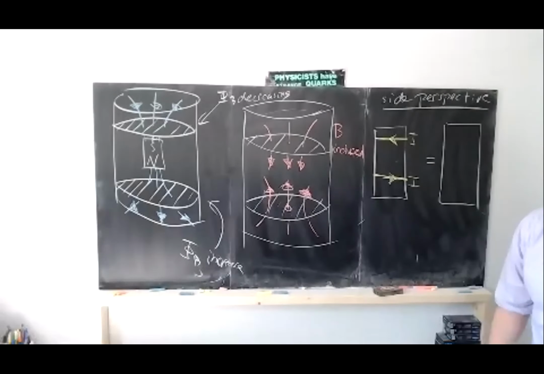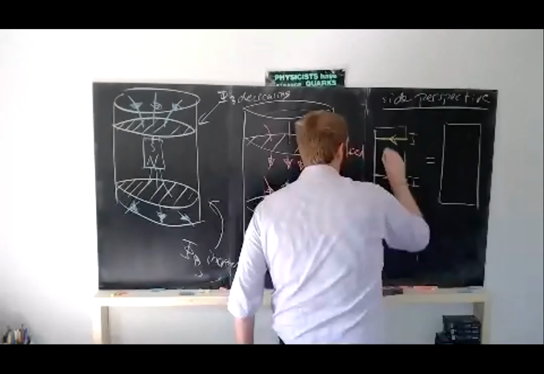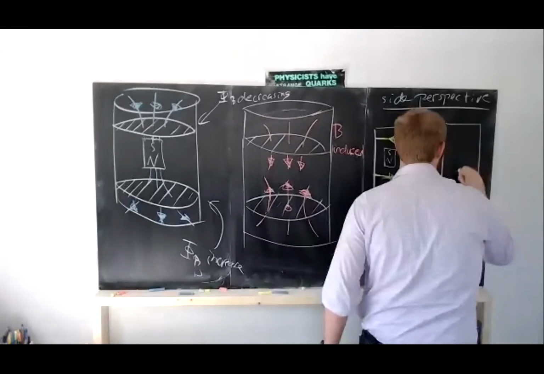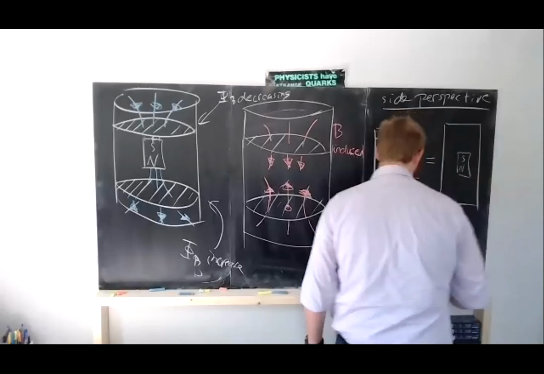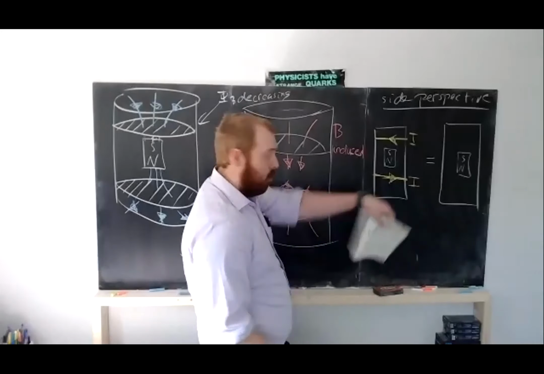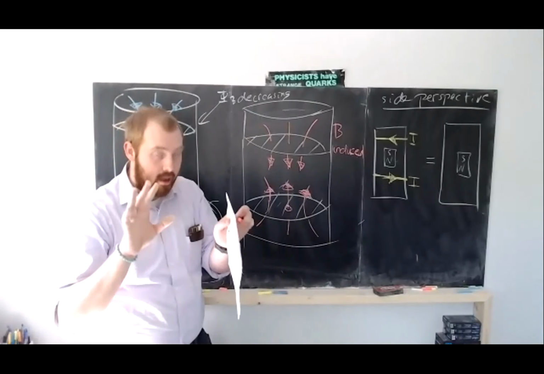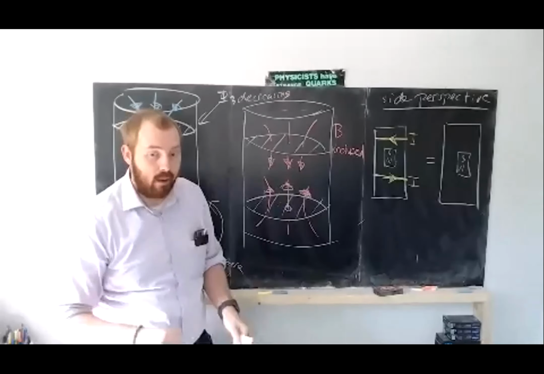An equivalent way to think about the magnet as it falls, let's put the magnet back in. It goes north, south, north, south. What does this current loop look like? Remember, current loops look like magnets. They look like permanent magnets.